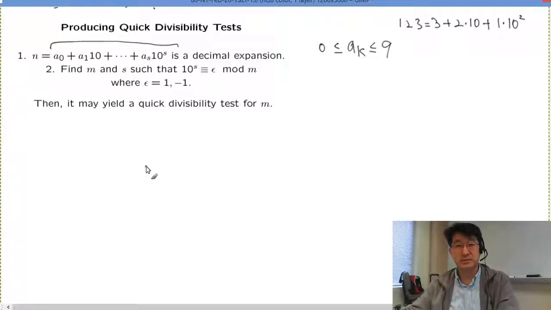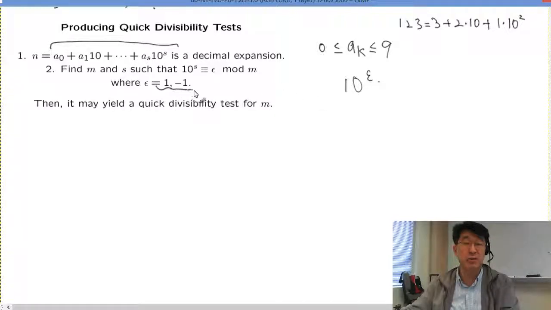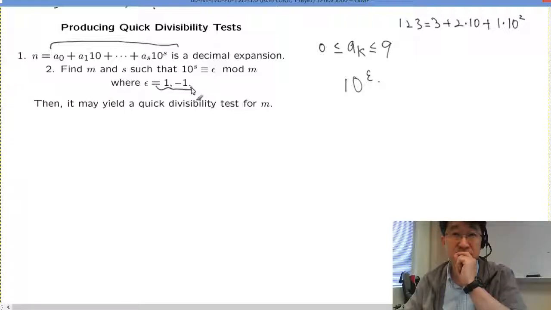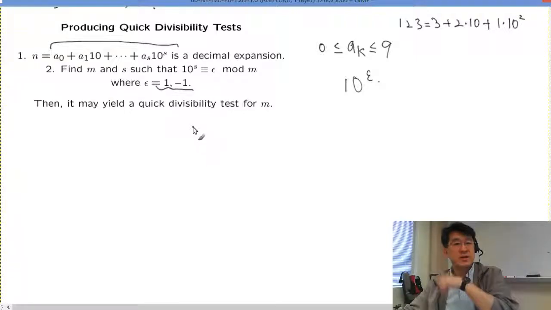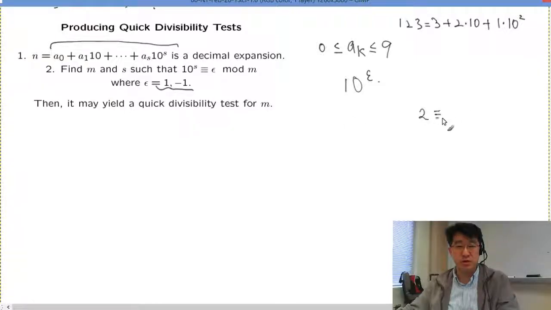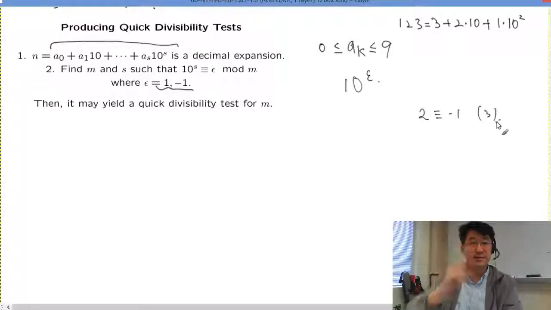Okay? All right, the idea is that 10 to the s appears here, right? 10 to the first, 10 to the second, 10 to the third, 10 to the fourth, right? That can be replaced by what kind of number? Yeah, congruent to negative 1, like 2 is congruent to negative 1 mod 3.